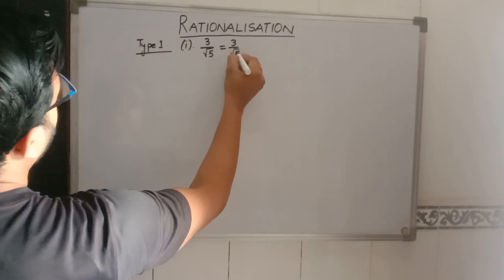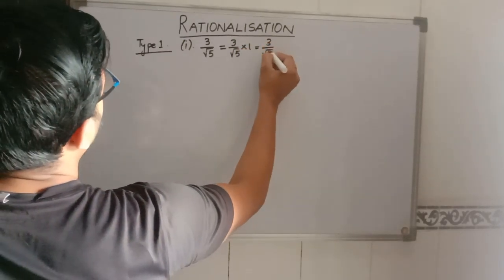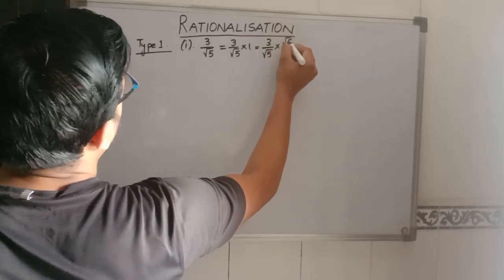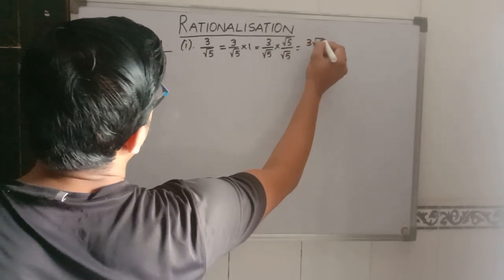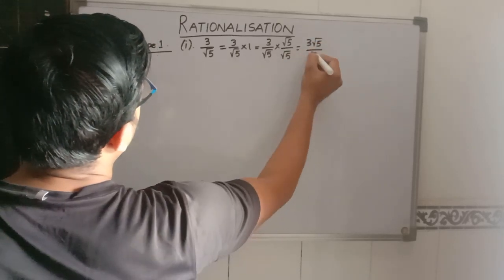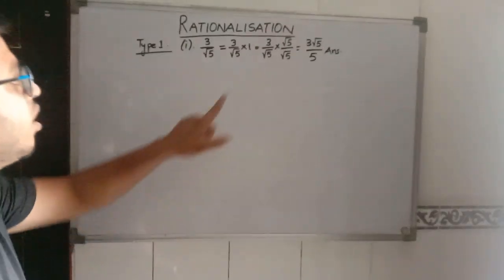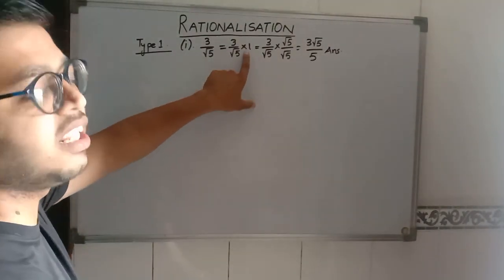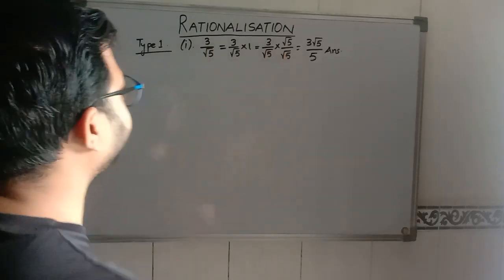It can be written as 3 by root 5 into 1, and 1 can be converted into root 5 upon root 5. In the numerator it is only multiplied, so it will become 3 root 5, and root 5 times root 5 will become 5. So that is the final answer. You don't need to write this step. I am writing this step for your explanation only. You can come directly to this step.